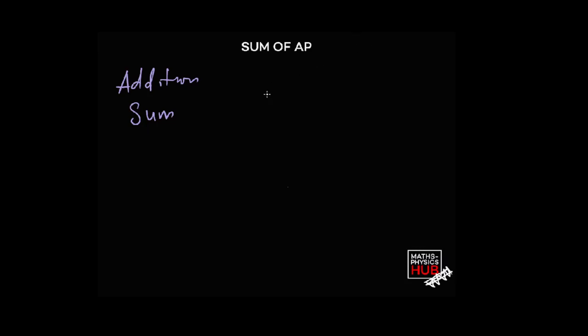When I was explaining series in the last class, I told you that if you have an arithmetic sequence, let's say 1, 2, 3, 4, 5, 6, and so on, this is an arithmetic sequence. You can see that it is an AP, right? But that's not what I want to explain.